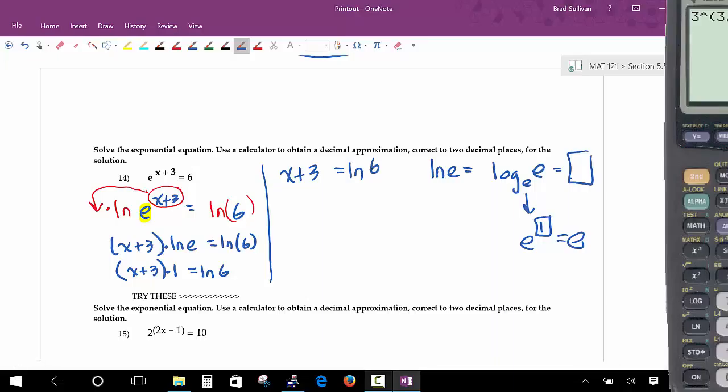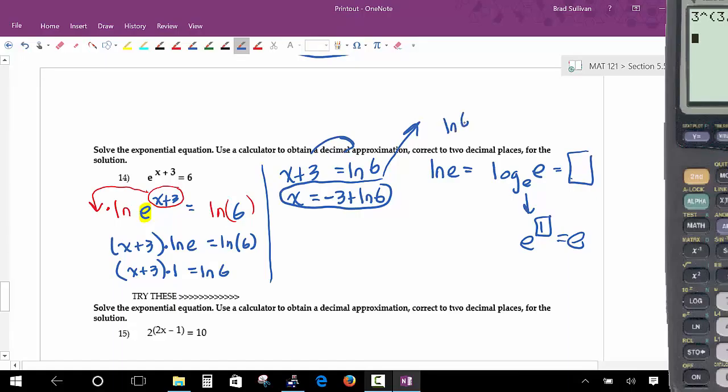Subtract 3, get x by itself. Just do that in your head. You would be better off writing it as negative 3 plus ln 6, and that's your exact answer. I prefer you write it that way instead of ln 6 minus 3, because a lot of times students think that the minus 3 is part of the logarithm, and it isn't.